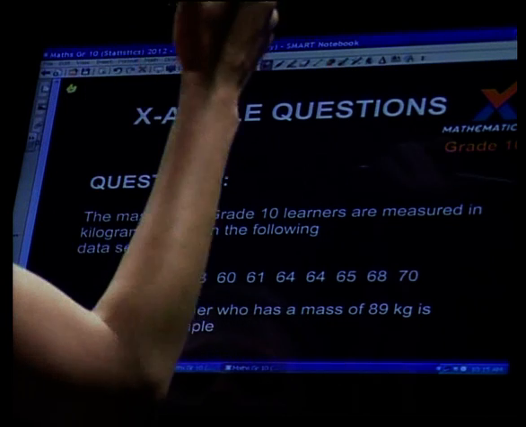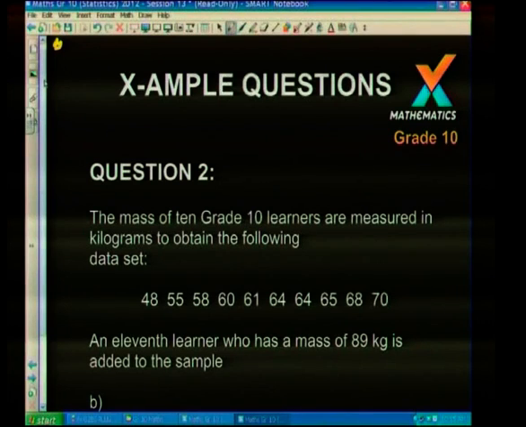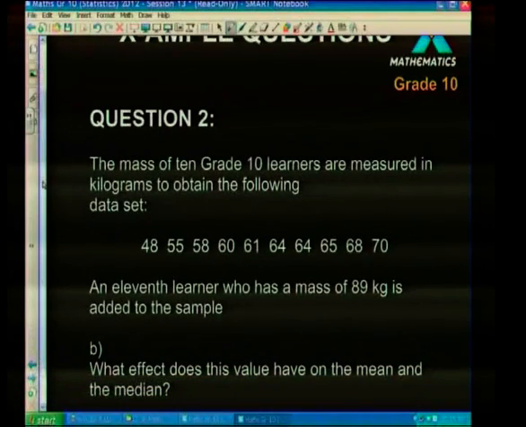Right. There's another question on the same data set. So they say the mass of 10 grade 10 learners are measured in kilograms to obtain the following data set. Been there, done that. An 11th learner who has a mass of 89 kilograms is added to the sample. What effect does this value have on the mean and on the median?